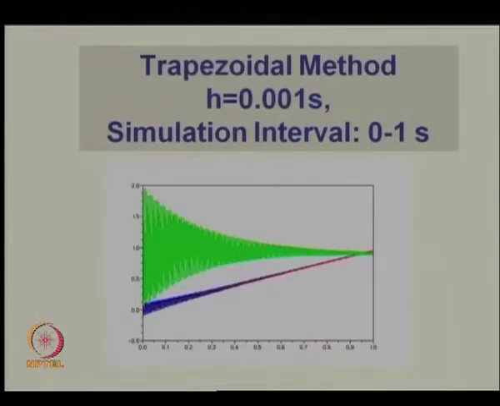Trapezoidal rule with 1 millisecond and a simulation interval of 1 second seems to capture the fast transient quite well. This is unlike backward Euler, which introduces some extraneous damping into the original system. Okay.